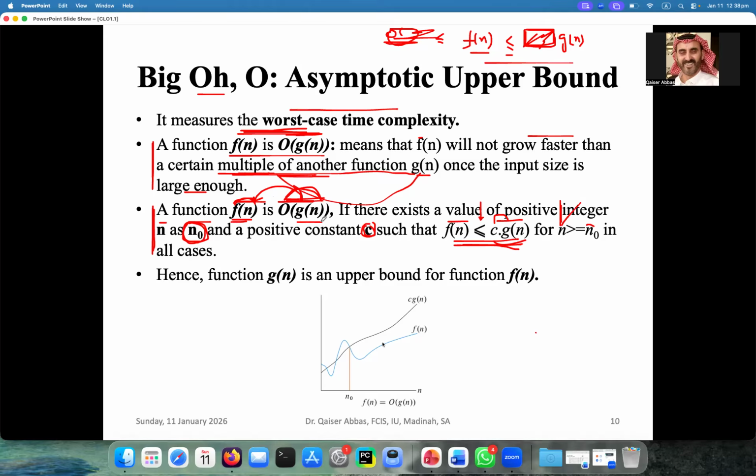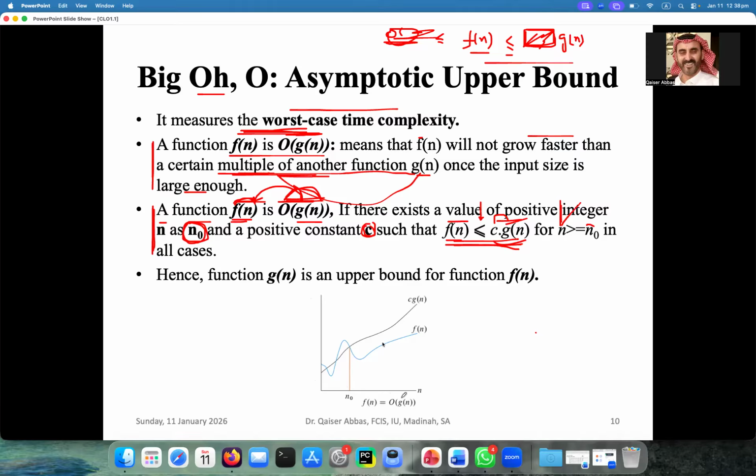And then the question can be, can I say f of n is order of g of n? You have to calculate this, and if you are successful in getting that, then you can say f of n is order of g of n. This f of n is less than g of n, which means that g of n is always higher.